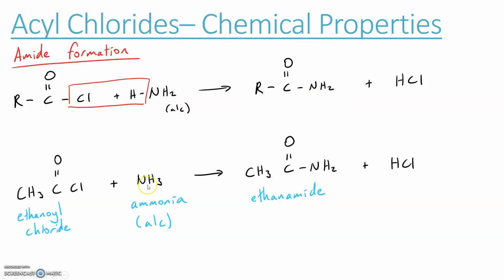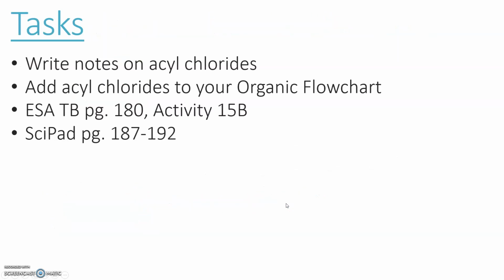If we reacted with an amine, such as a primary amine or a secondary amine, then we'd get a secondary or tertiary amide, something a bit more complex than this. This is just a very simple amide, in this case ethanamide. So if we took ethanoyl chloride and reacted with ammonia, we would get ethanamide. Okay, and that's acid chlorides.